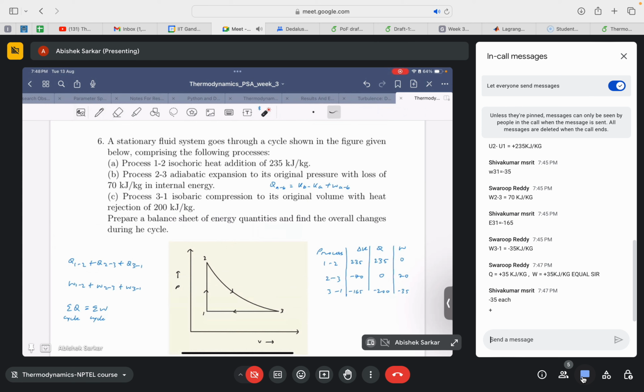In fact, there are sometimes many questions asked in the examinations related to this concept itself. Like, you will be asked to fill the table, and the examiner will try to check whether you know the concept that the net heat interaction and work interaction would be equal.